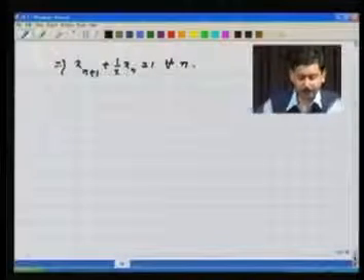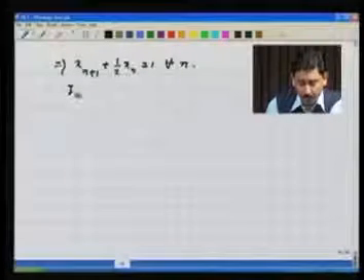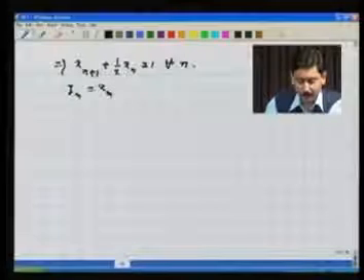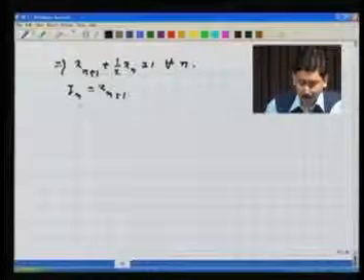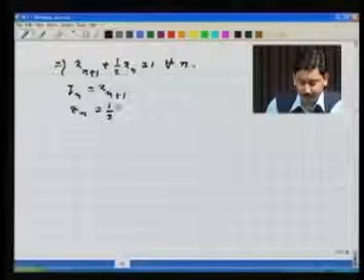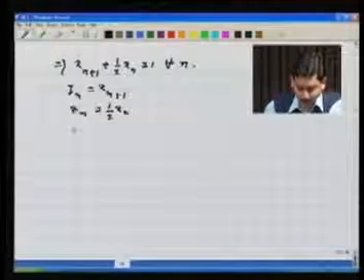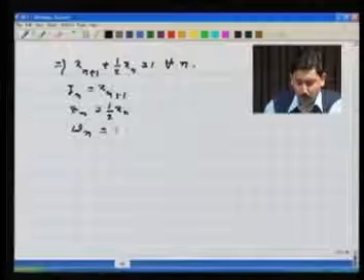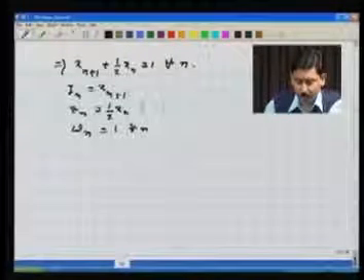Now look at the scenario. I have a sequence yn which is xn plus 1. I have a sequence zn which is half xn, and I have another sequence wn which is 1, and this is true for all n.